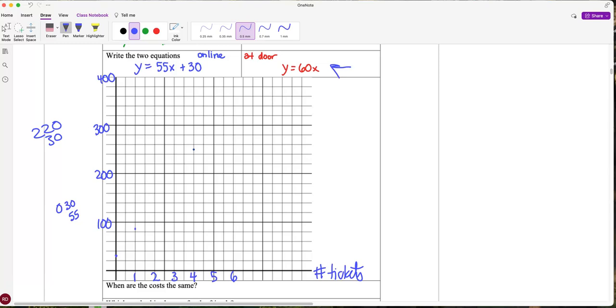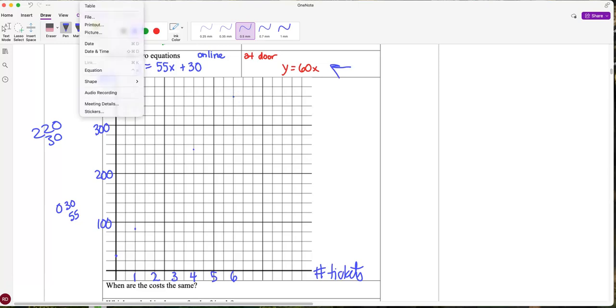So I can see what's going on there, okay. Let's just go further out, like if I had 6 times 55, that's 330 plus 30, that is 360. So 6, 360, right there, okay. So let's go ahead and draw that line.